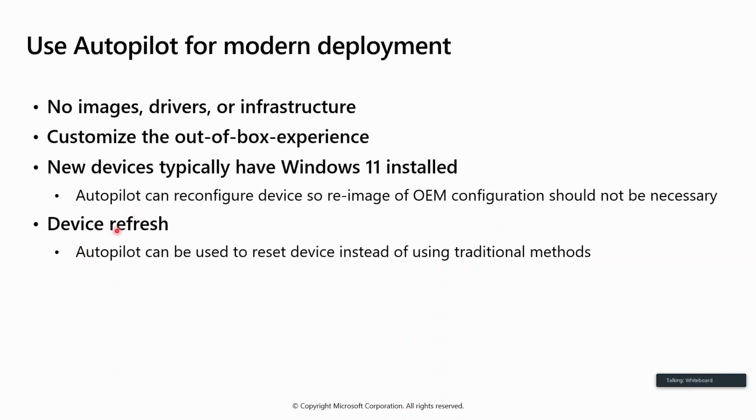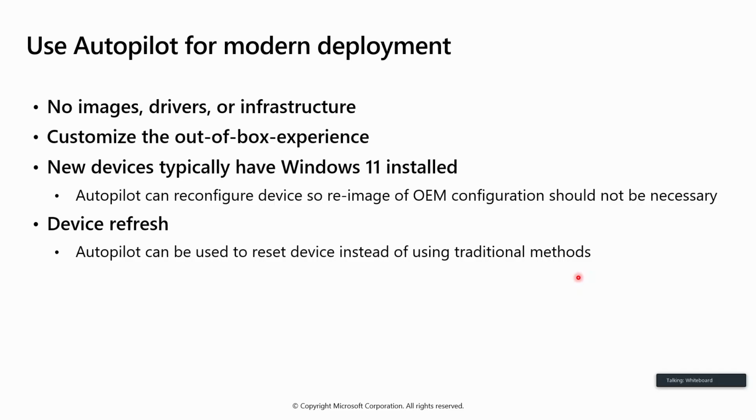Okay, what else can we do? Device refresh. Autopilot can be used to reset a device instead of using a traditional method. I think this was back in about 2019 when they added this feature into Autopilot. So what do we normally do? We've given a user a computer and they now leave the organization. In the past, the manager takes the computer back, sends it off to IT, who re-image the computer and then reissue it to a new user.